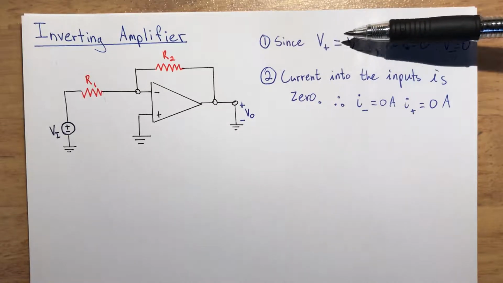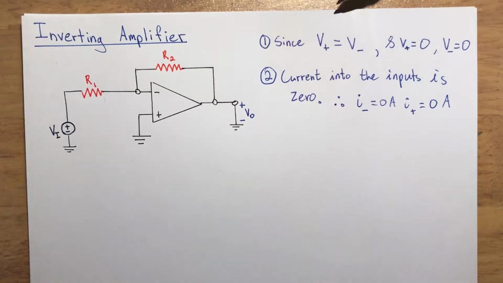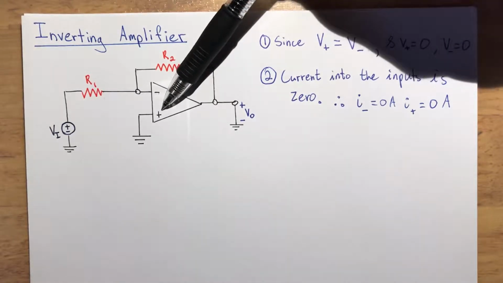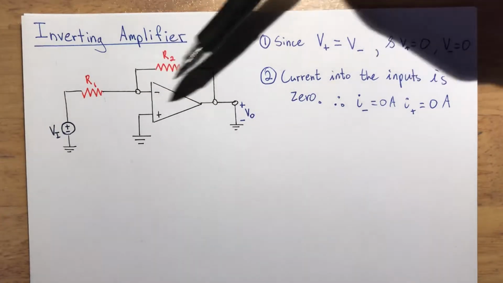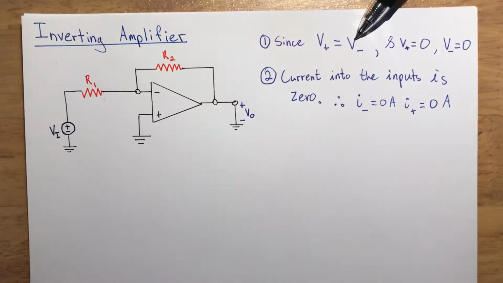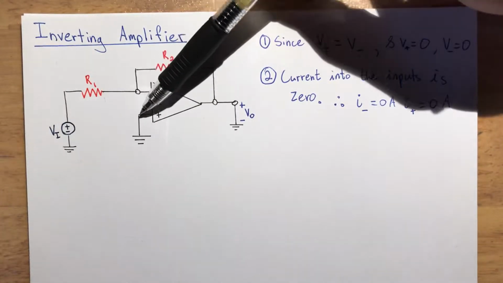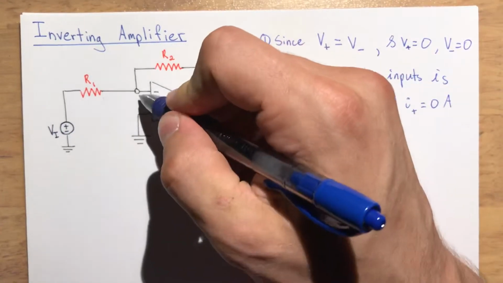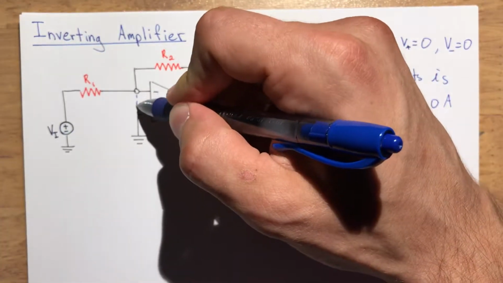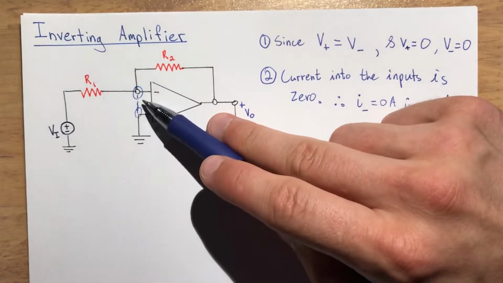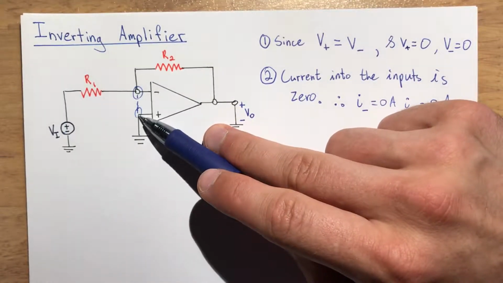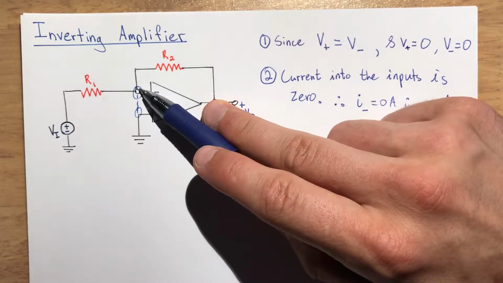Fact number one is that the voltage at the non-inverting input is equal to the voltage at the inverting input. What that means is there's a virtual short circuit right here between these two points, and whatever voltage is here automatically shows up here.